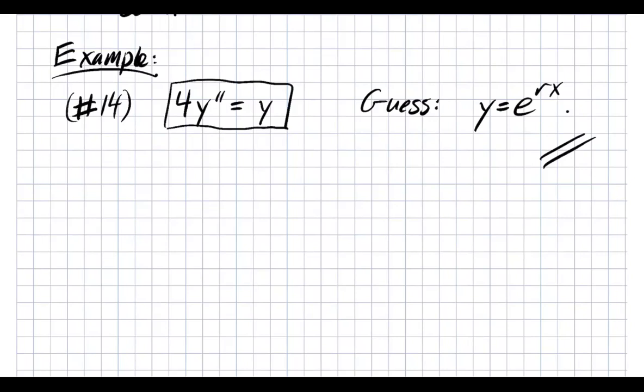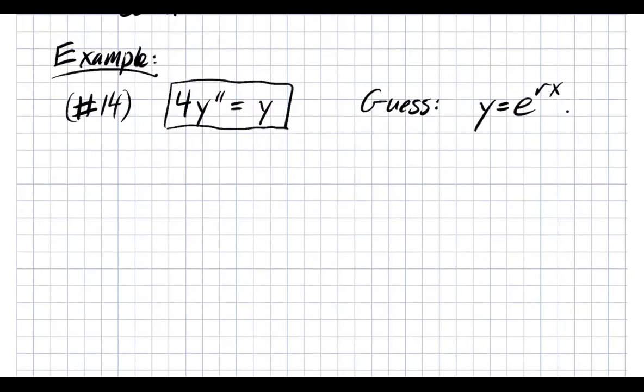The technique we'll use here is to make an educated guess that perhaps this is some kind of exponential function, so it'll be like e to the rx, but we're just not sure what r is. So let's see if we can determine the values of r which will satisfy this equation.